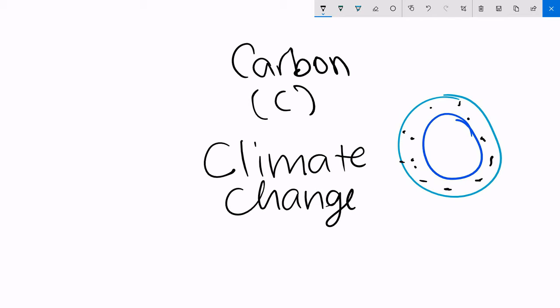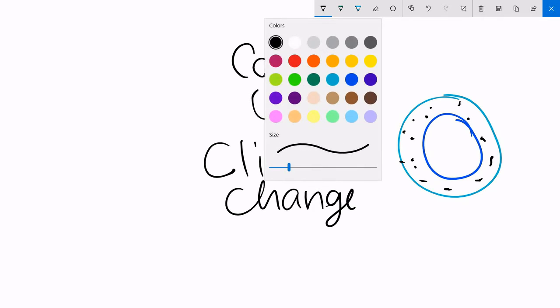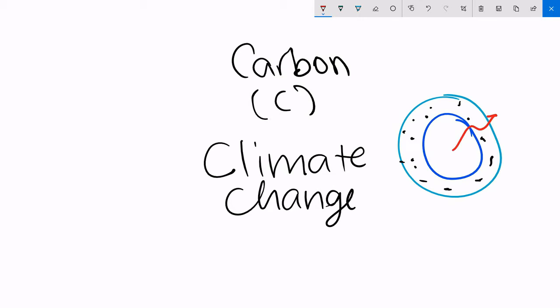The carbon molecules will attach to the heat. Carbon dioxide and also other gases such as water vapor and methane will keep in the heat that the Earth is trying to radiate out, so it comes back in, and that's what's causing the climate change.